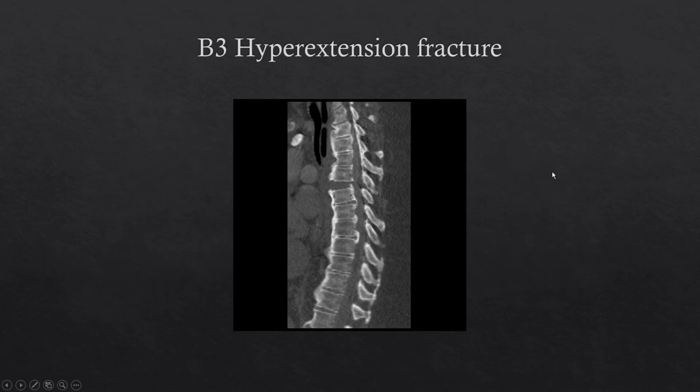B3 injuries are hyperextension fractures that often go through the disc space. These are most commonly seen in patients with inflammatory spondyloarthropathy, such as ankylosing spondylitis, but can also be seen in DISH.